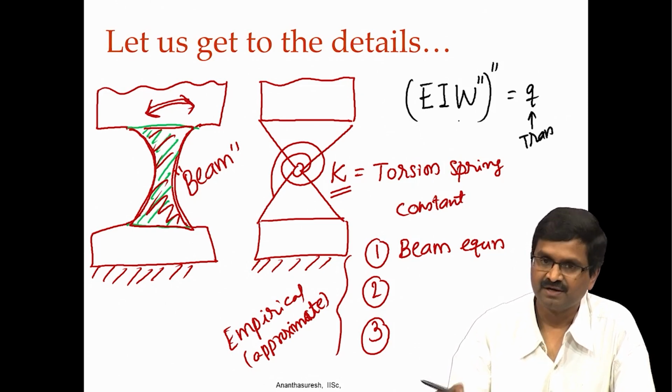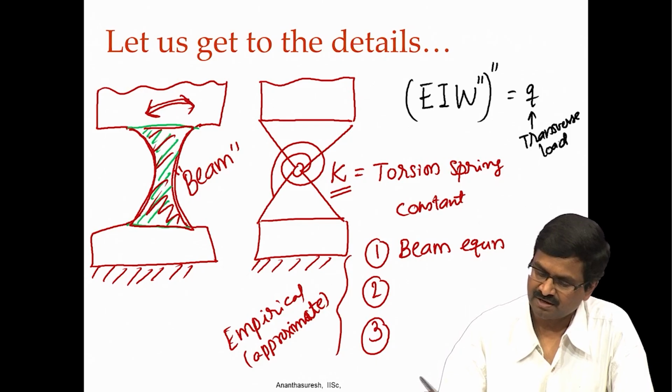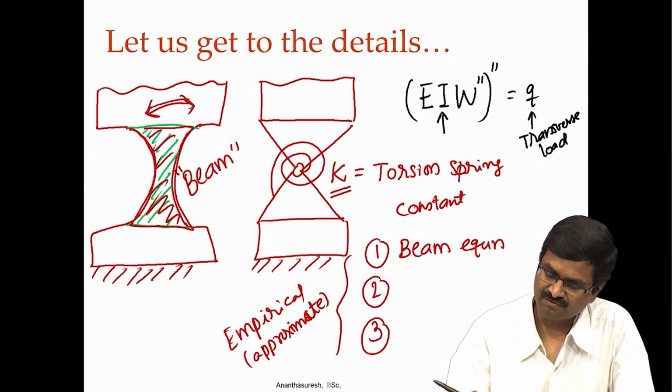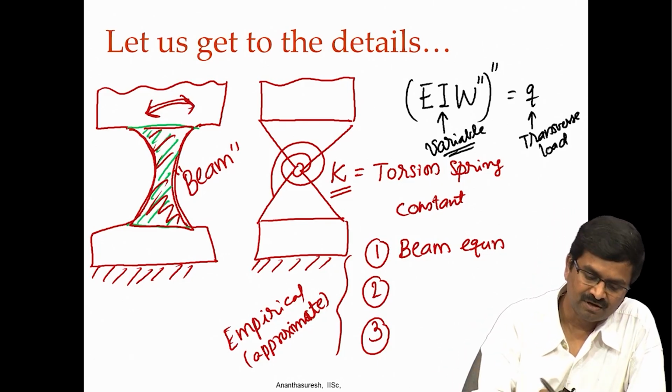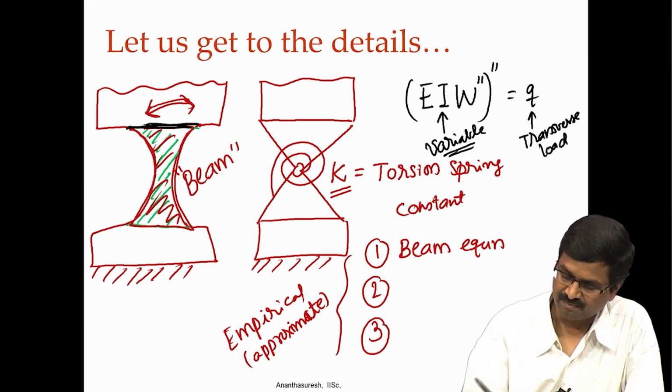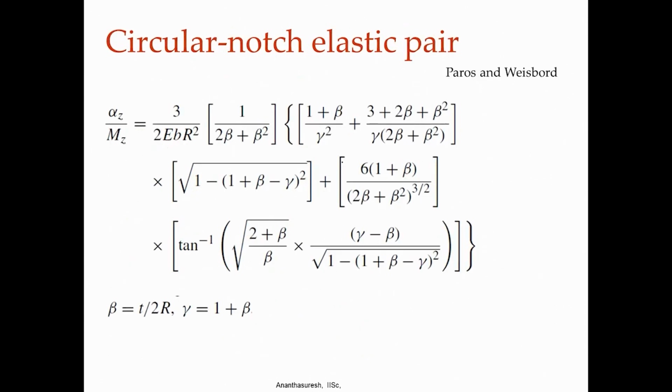If you were to take integration twice, you can also write it in terms of the bending moment. This is a transverse load. Okay, now this I is the one that is variable, it is a function of x. So, you can take that here and integrate and try to see how much rotation you get at this point, and based on that you basically come up with the equivalent torsion spring constant. That is exactly what these two people did.